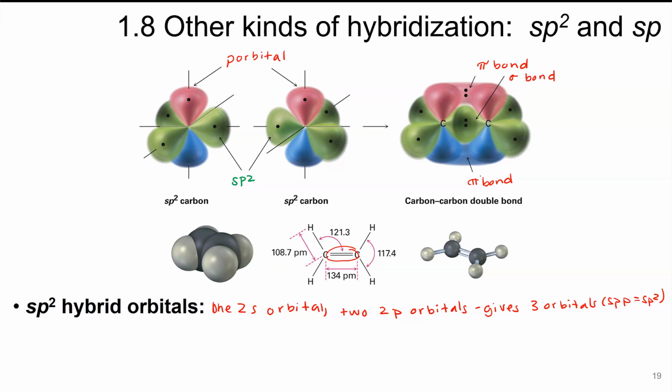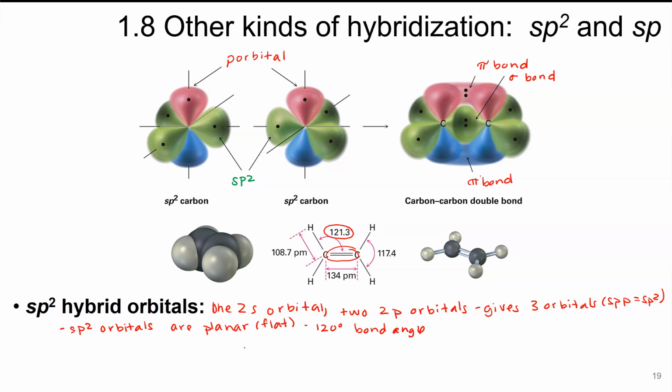So sp2 orbitals are planar, which means they're flat. And they have bond angles of 120 degrees there. So the sp2 orbitals are planar and flat.